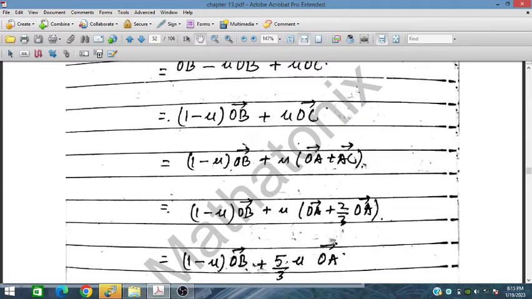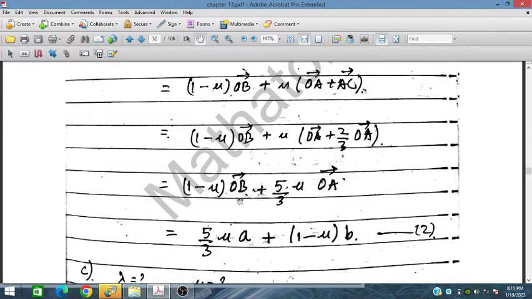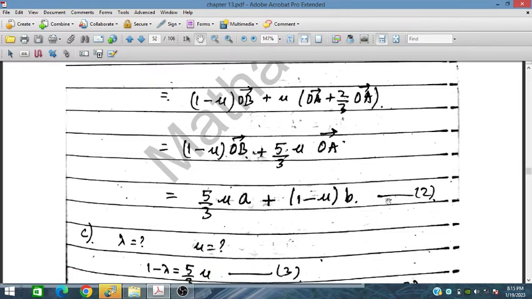So this becomes 5 upon 3 mu OA, and OB is small b, and OA is a. So 5 upon 3 mu a plus (1 minus mu) b is the second part, which represents OX in terms of mu, a and b.